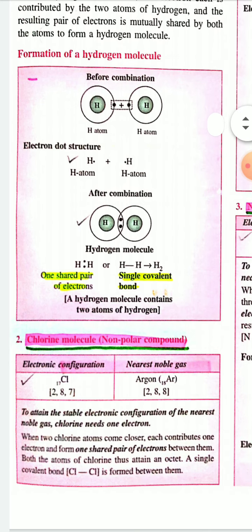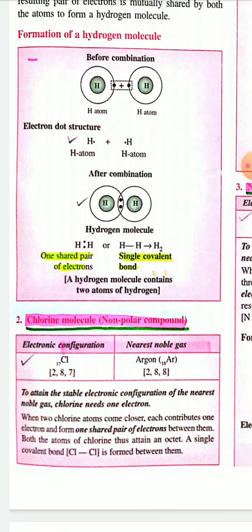So in that box you can see the formation of the hydrogen molecule. You have to practice this orbital structure, that is, before combination. It is showing that before combination the hydrogen atoms are coming close to each other.